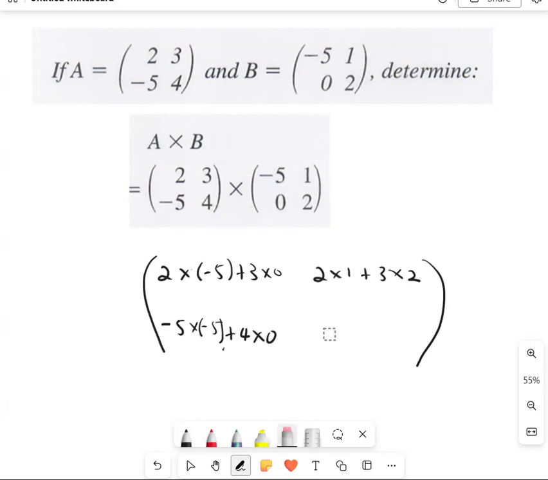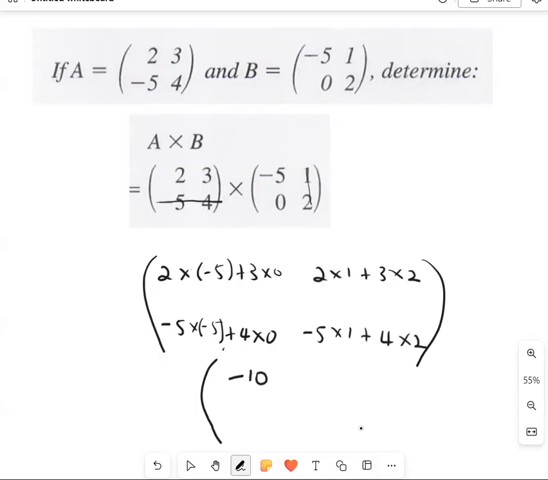Lastly, we're doing second row by second column, right? So negative 5 by 1 plus 4 by 2, right? And we simplify all of them. So we get what? 2 by minus 5 is minus 10. 3 by 0 is 0, right? So minus 10.